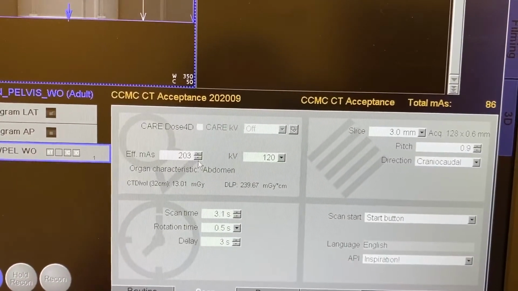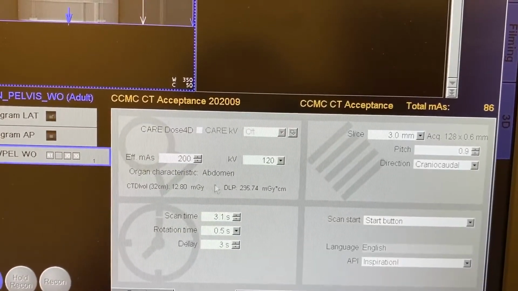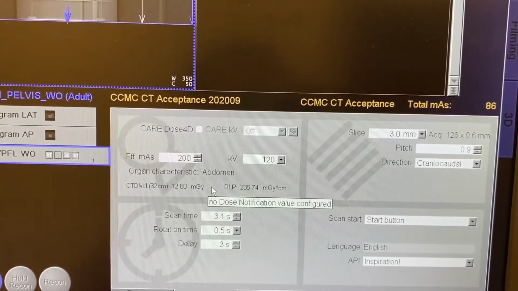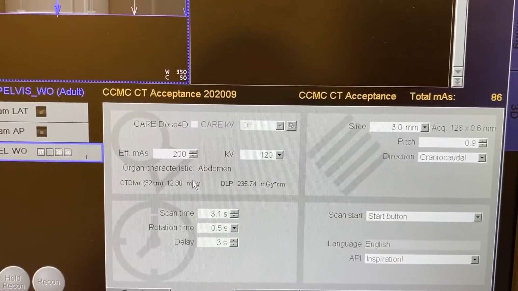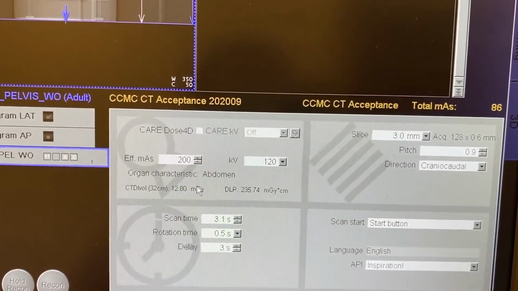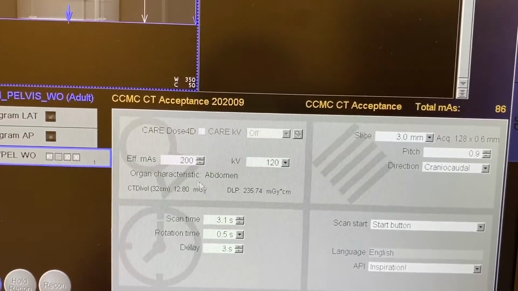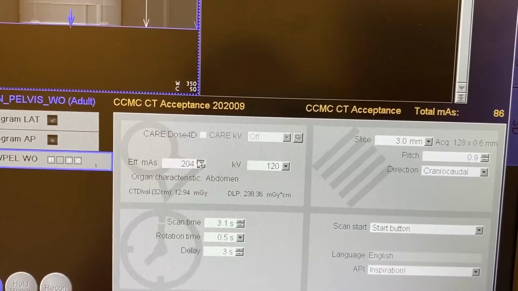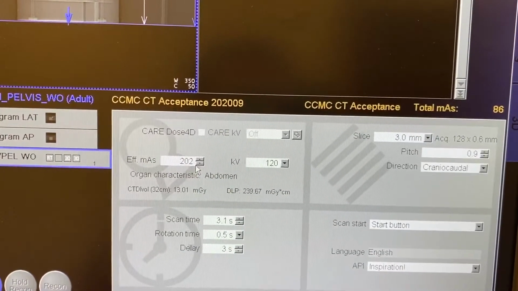This is the dose information that we use to quantify the output of the scanner in terms of the techniques used. As we adjust the effective mAs, you can see this CTDIvol also changes.